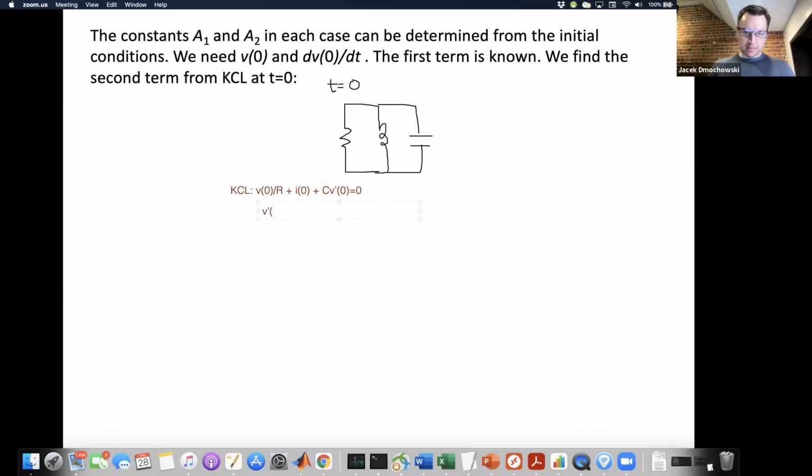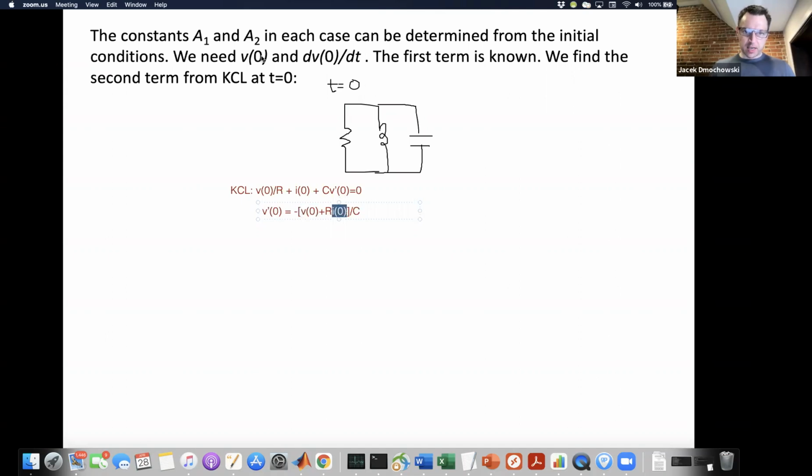And so if I rearrange this equation for V prime 0, I get negative V0 plus R I0 over C, I think. So I can solve for V prime of 0 if I know the value of V0 and I0.